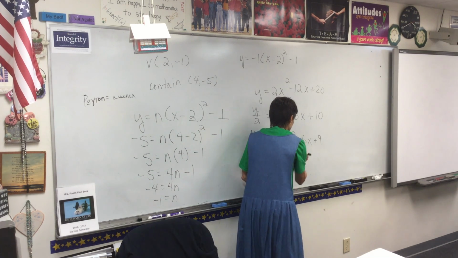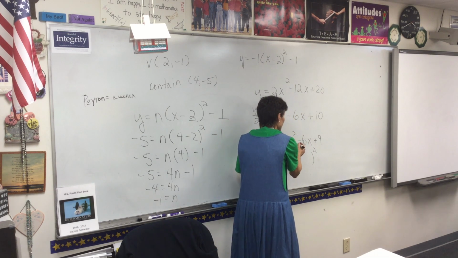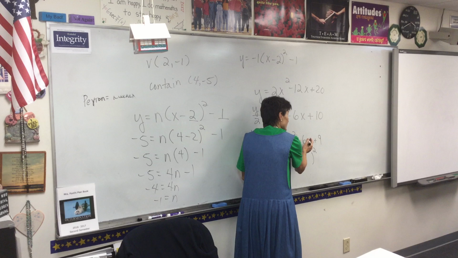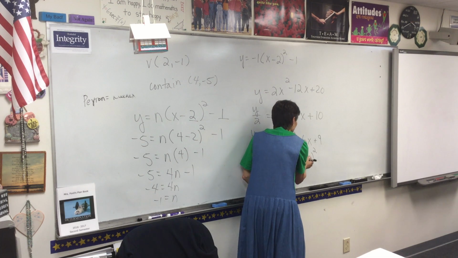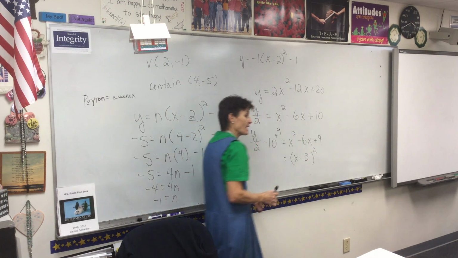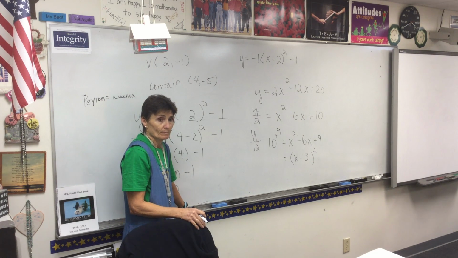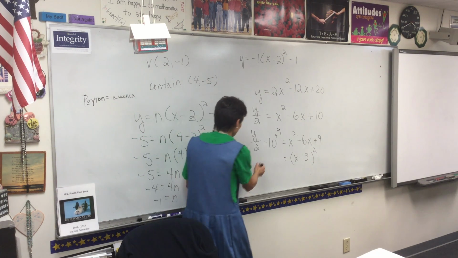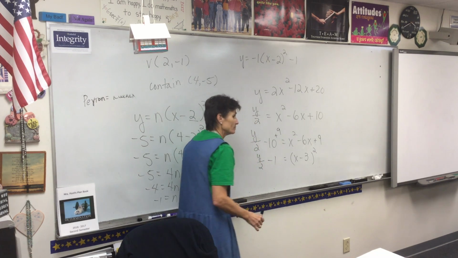So this is a perfect square. What perfect square is this, Miss Huff? (x minus 3) squared, that's exactly right. Then over here, I've got y over 2 minus 1.